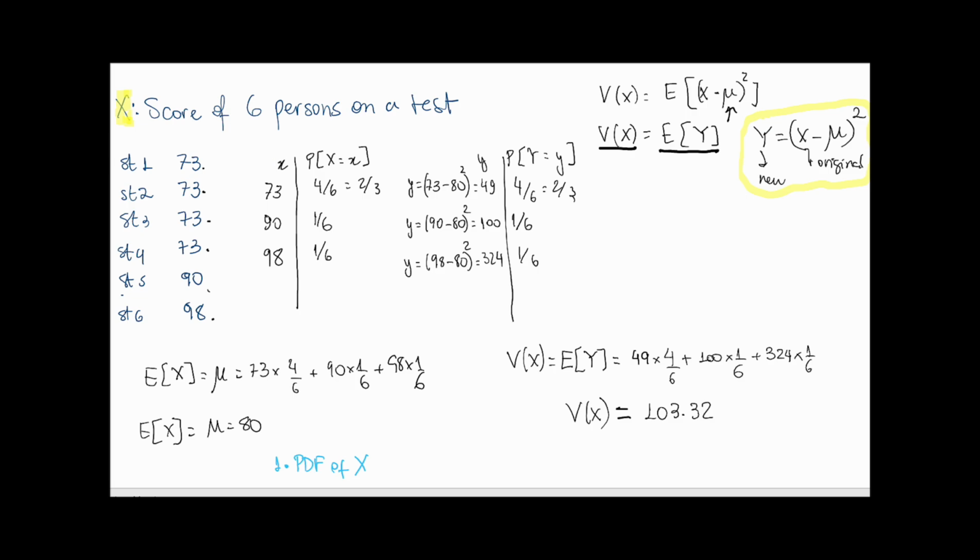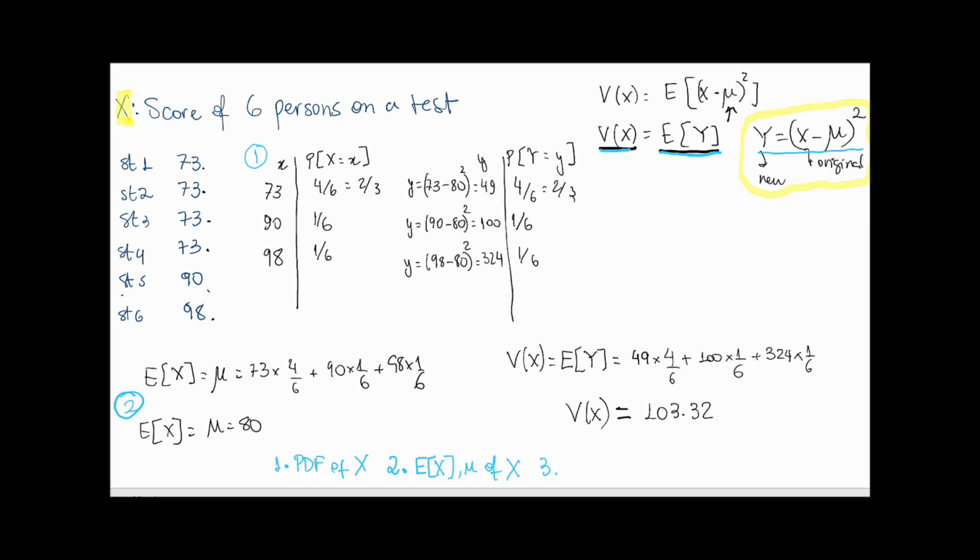Cool. Then you will have to calculate the variance. You will have to know the mean of x. So calculate the expected value of x, or the mu of x. And we did it. So this is step 1. This was step 2. Then you have to remember that the variance is an expected value of a new variable. So the variance of x is the expected value of a new variable, and you have a formula for that new variable. You have an operation.